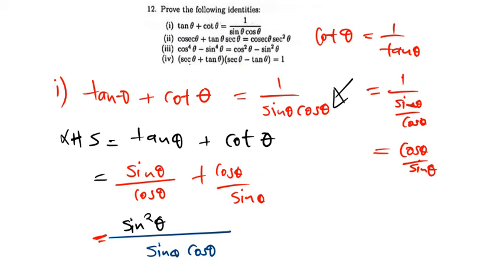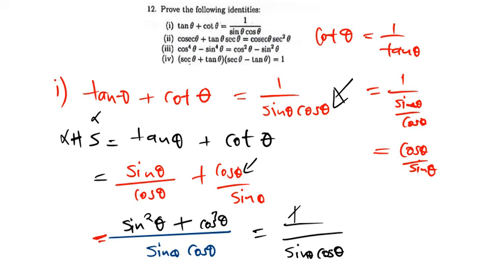Then for the other side, divide by sine, that will give us a cosine, multiplied by the cosine on top, that would be cosine squared of theta. So what we have on top is an identity, sine squared of theta plus cosine squared of theta is a 1, over sine theta cosine of theta. So you can see the left hand side is equal to the right hand side. Hence proven. So you've seen moving from a complicated part going to the simplified part is easy.